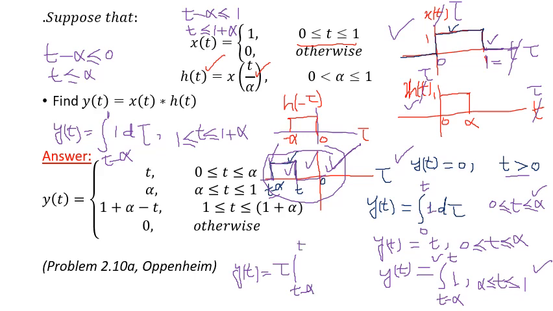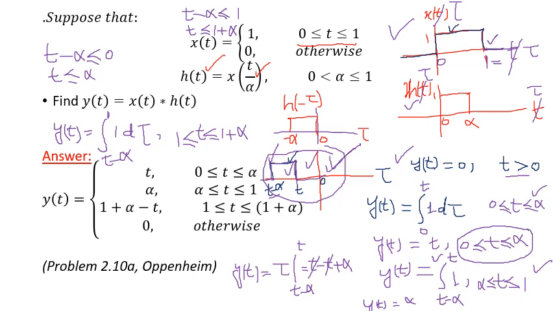So if you put this in, you get the upper limit minus the lower limit, so t minus alpha, so this becomes t and the minus becomes plus, so you get alpha for this interval. So that means y of t here will be equal to alpha. And this is the range of values of t for this interval.